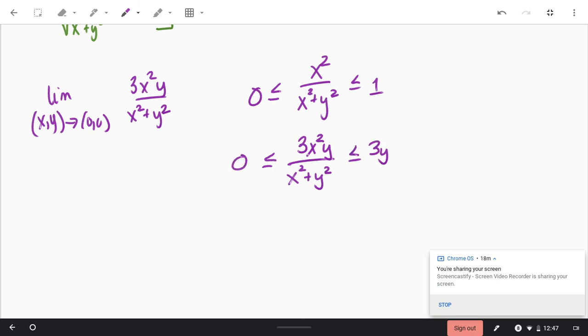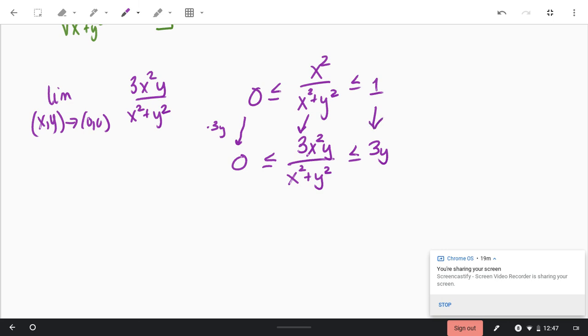We just multiplied everything by 3y to get our expression that we wanted. So we found that key piece, x squared over x squared plus y squared, and kind of isolated it. And then we added in what was left. We got from here to here by multiplying by 3y.